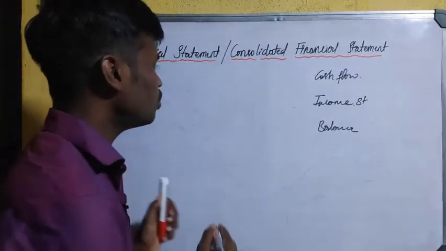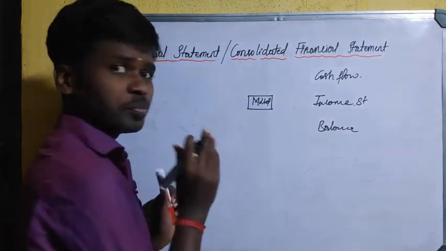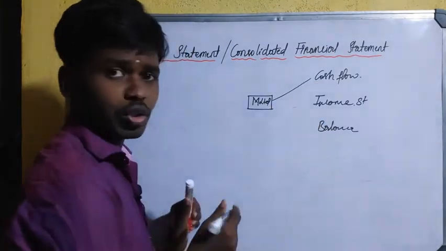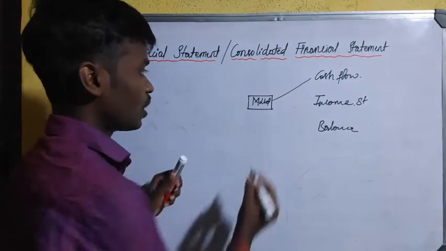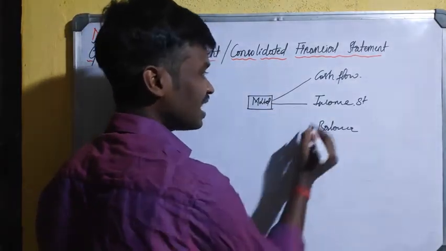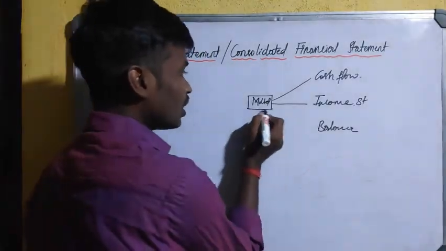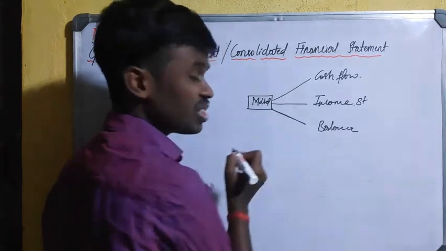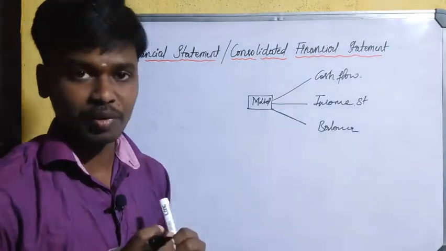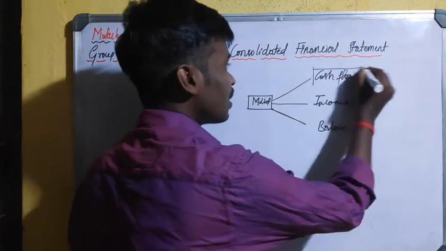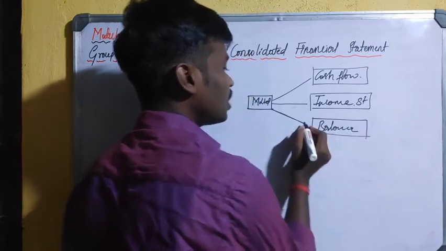For example, assume M Limited prepares the cash flow statement to know the cash inflow and outflow, the income statement to know the net profit or net loss, and the balance sheet to know the creditworthiness and about various assets and liabilities. These three statements completely give the clear picture, that is the position of the business organization.